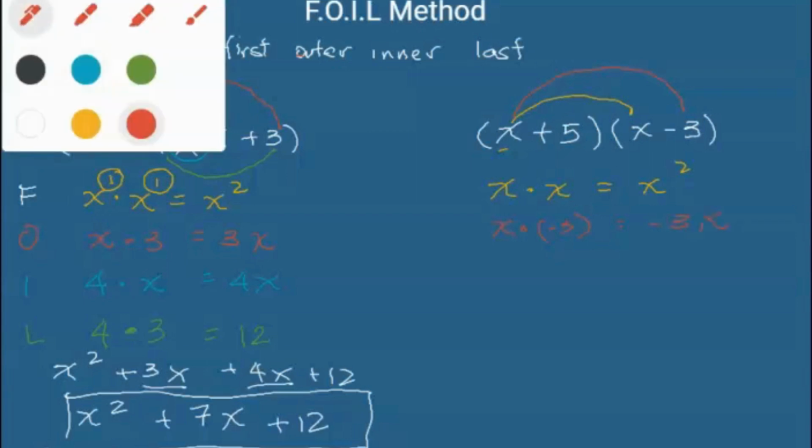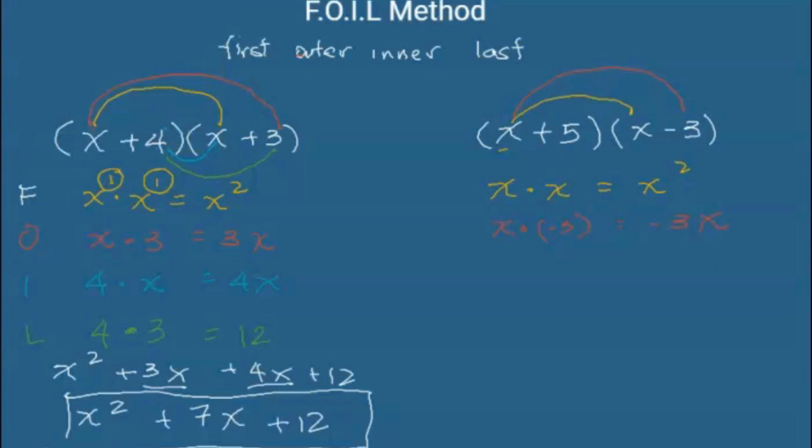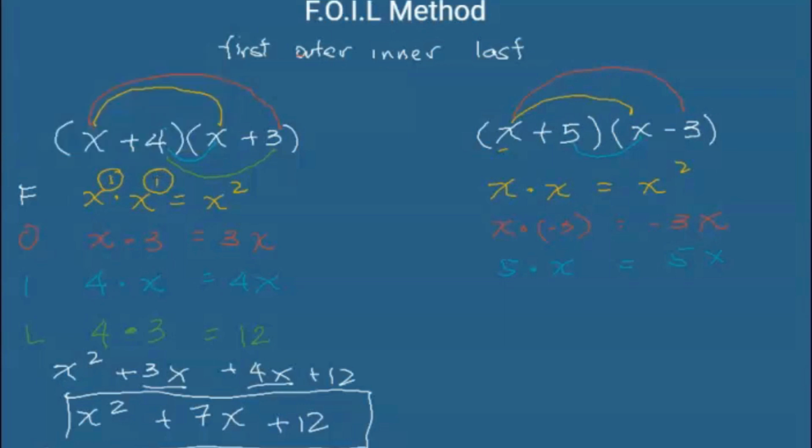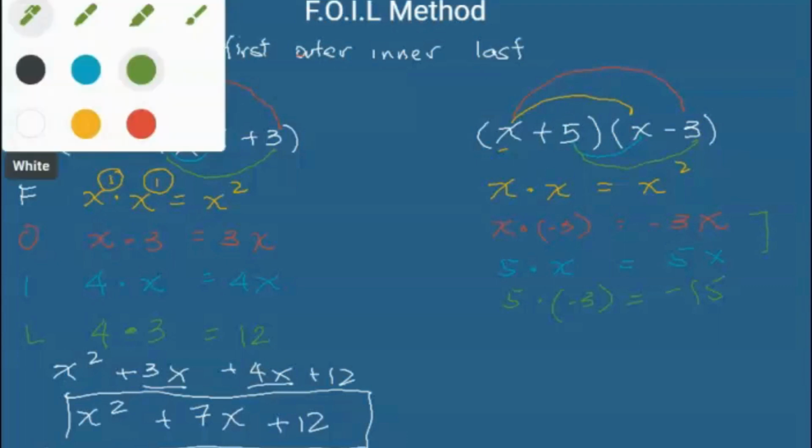For the inner terms, we have 5 and x, so 5 times x is equal to 5x. Our last terms are 5 and negative 3, so 5 times negative 3 is negative 15.